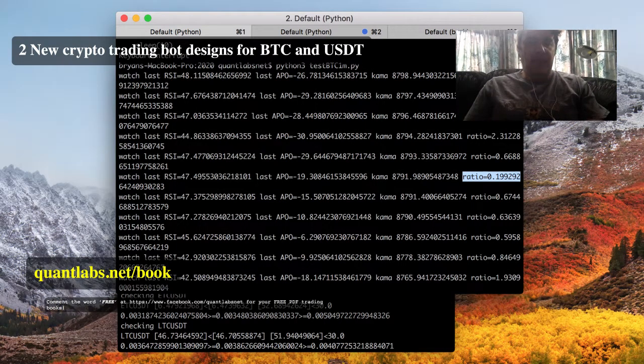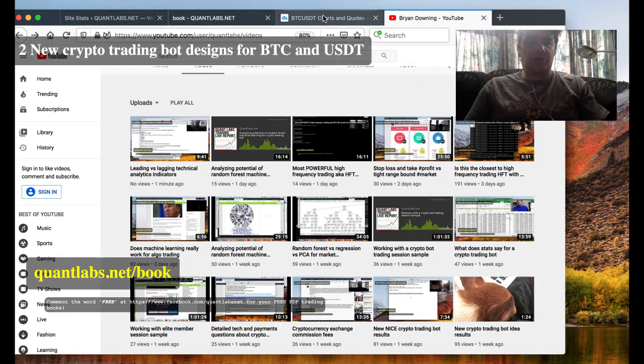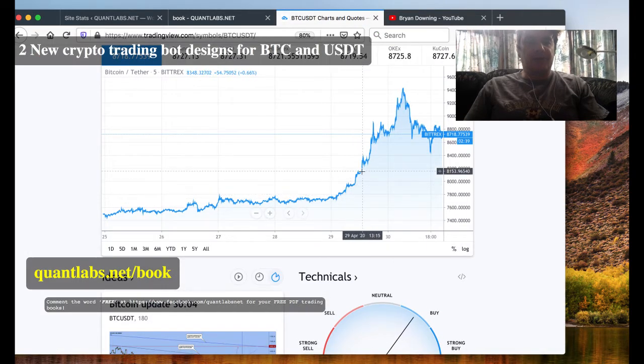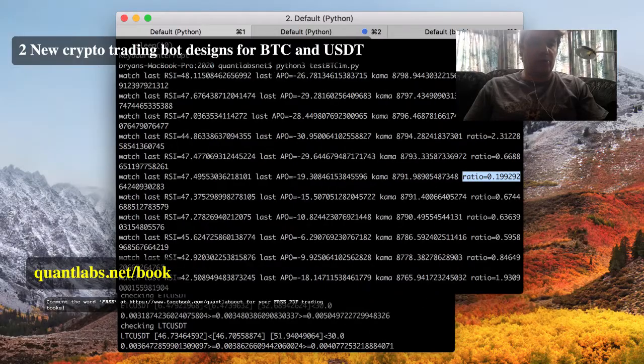So here, when you look at this type of chart, it's moving up. So you got very strong momentum for probably a day, day and a half. Okay, so that's kind of like should be winning for you.